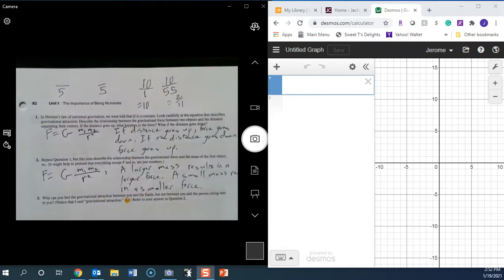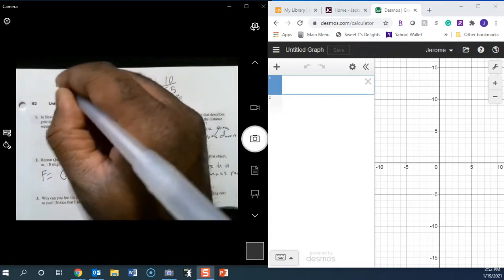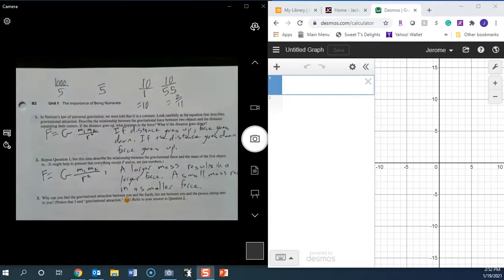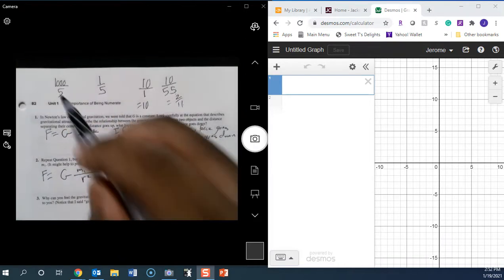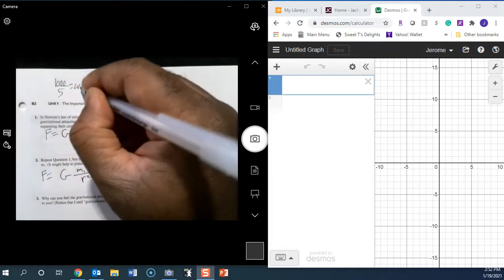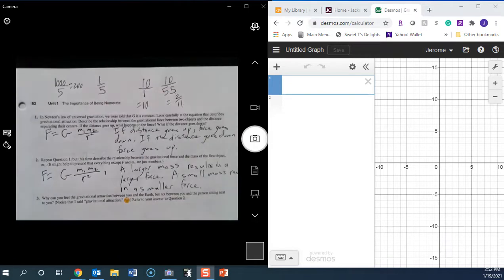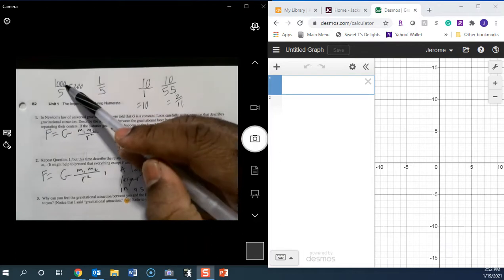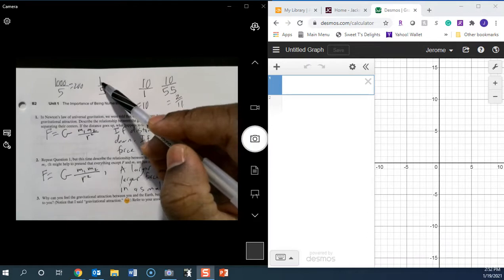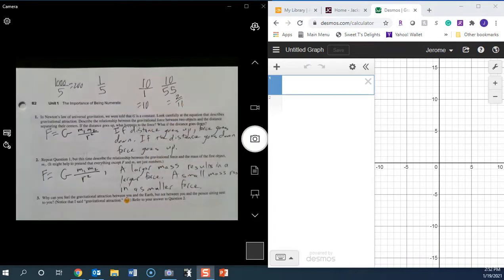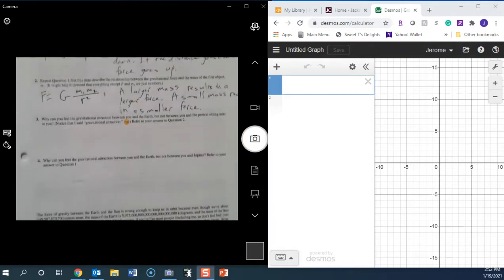Let's make one of our numerators 1,000 and our other numerator 1. 1,000 divided by 5 is 200. 1 divided by 5 is still just 1/5. If you notice, as our numerator got larger, our answer got larger. As our numerator got smaller, our answer got smaller. Okay, number 3.